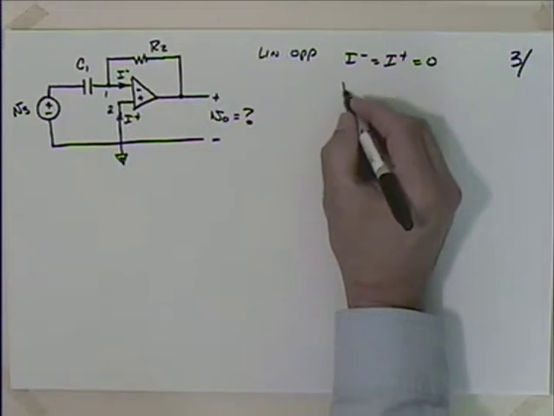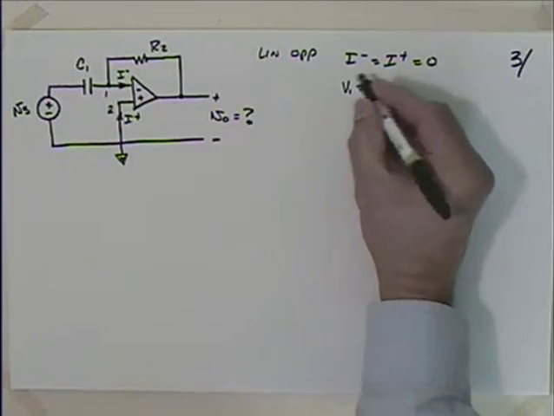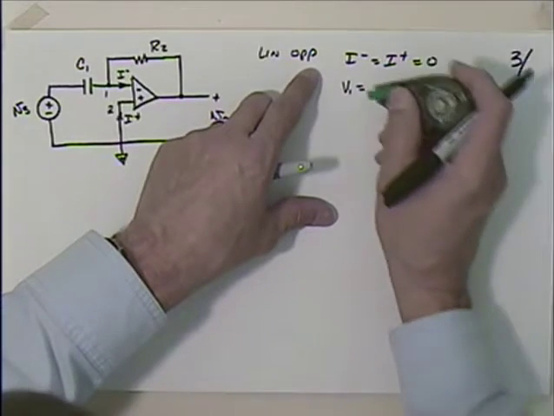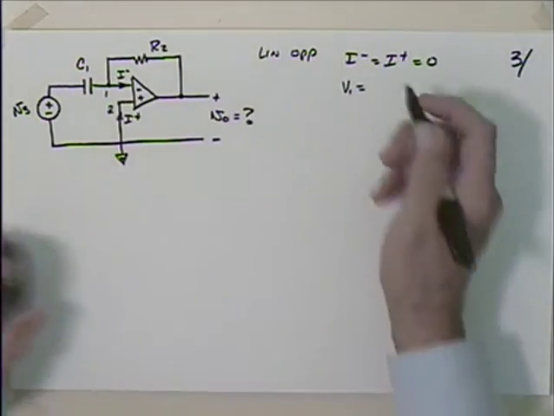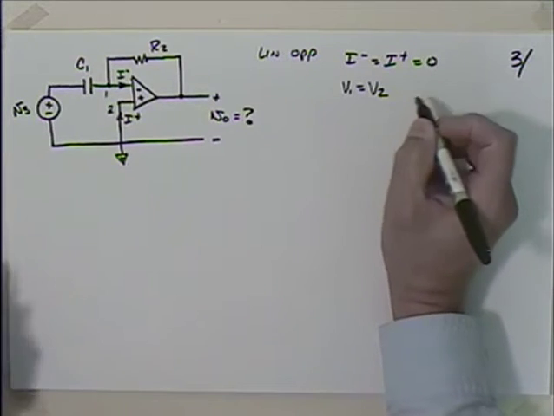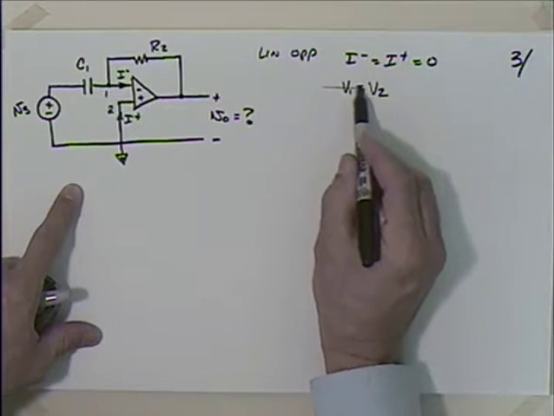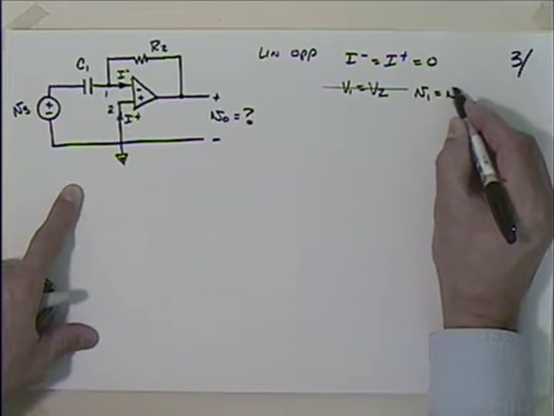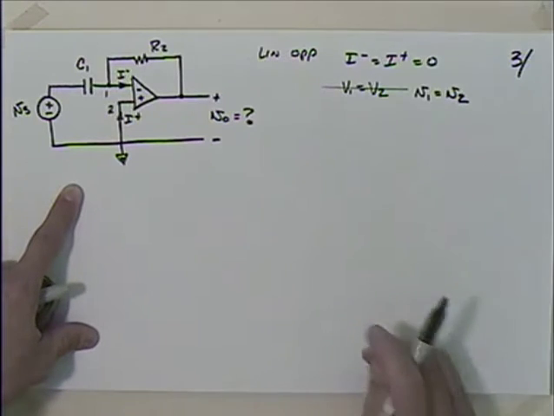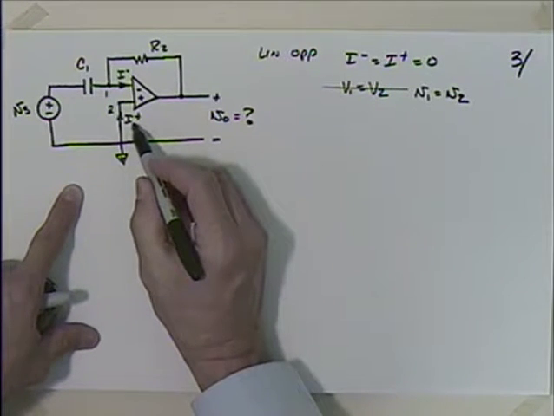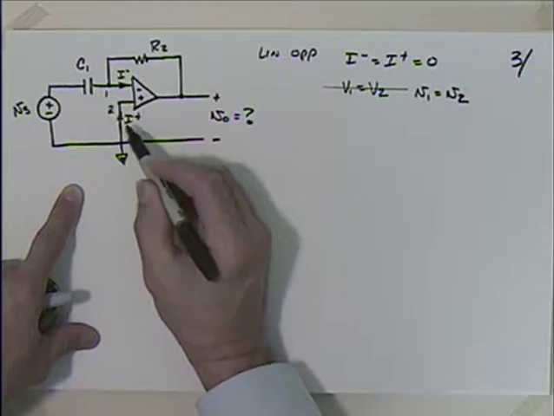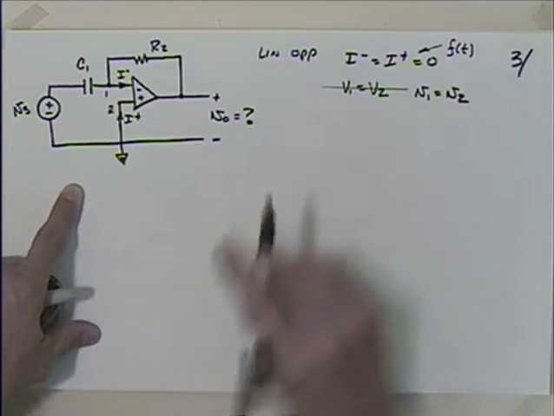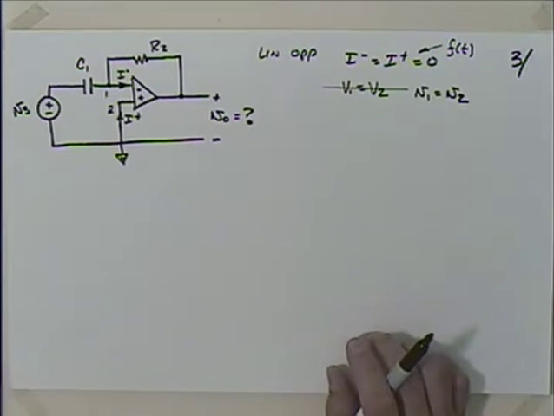And then I know that the voltage V1 is equal to V2, and I should probably write these as time varying, lowercase. You could make a note that these currents are probably some function of time, although if they're equal to 0, that's not a very interesting function of time.